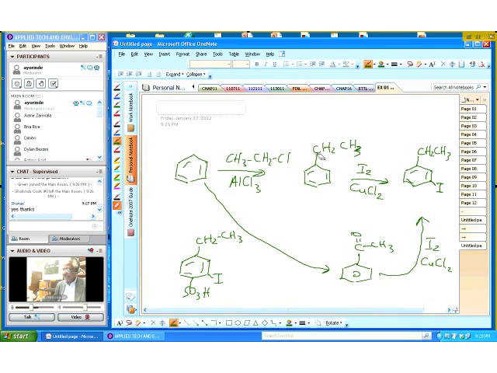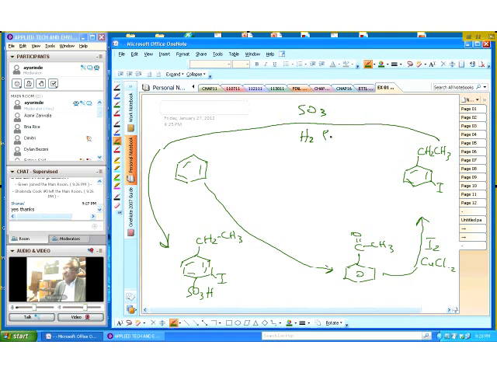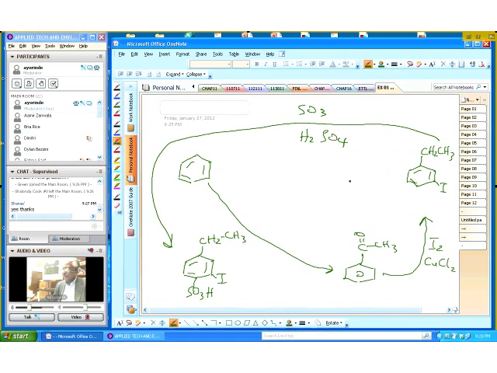And then once we do that, of course this will not work, so let us take this out so we don't confuse anybody. So now once we do that, we could simply do our sulfonation. And that is why we did that, okay?